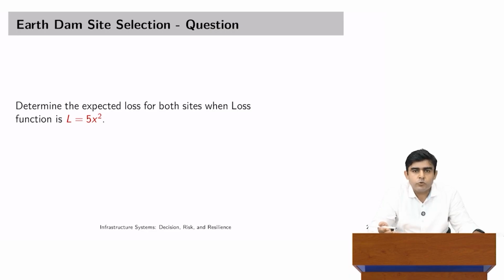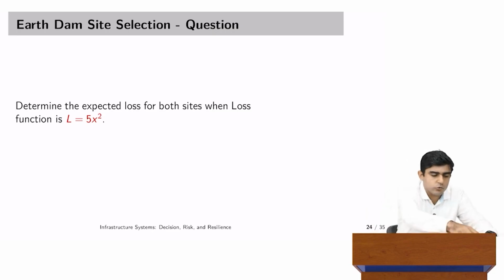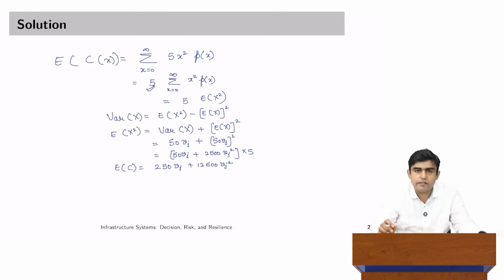We would not know in many cases how loss would depend on the number of earthquakes happening. So we tried different loss functions, starting with linear, then c raised to power x form, and then also looked into how our decisions change if the loss function looks like L equal to 5x square, when we have to make a site selection.